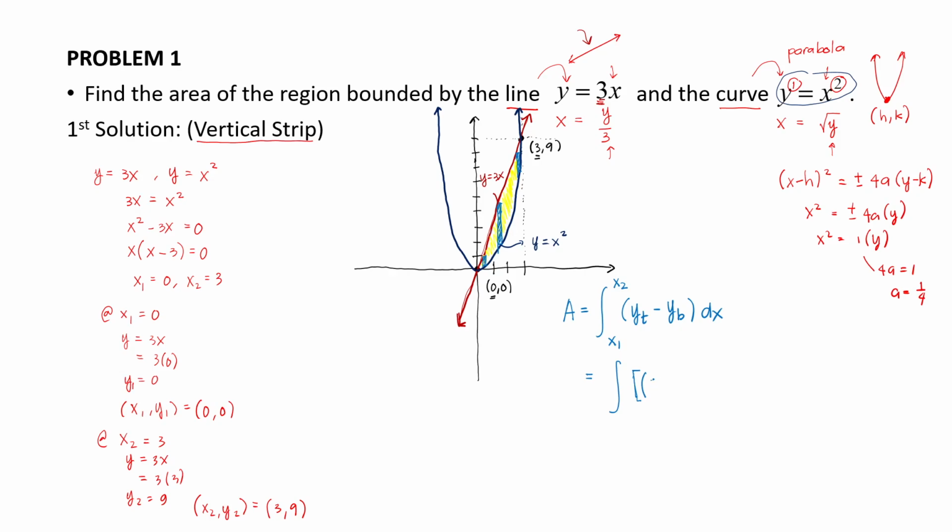So y top is 3x, minus x squared, dx from 0 to 3. Since you can use your calculator, the answer would be equal to some value in square units. Try using your calculator now so that you have experience solving it that way.